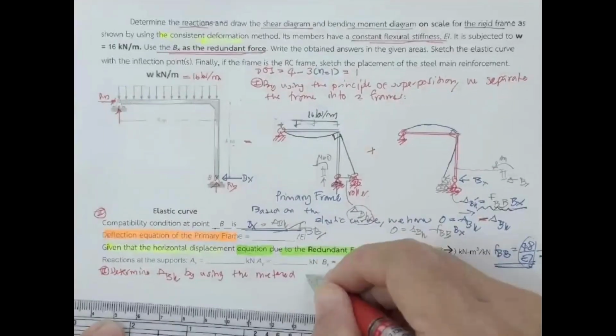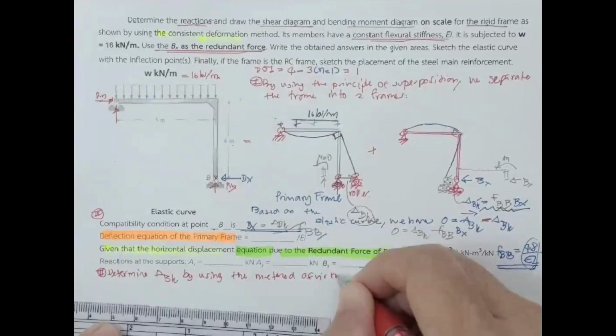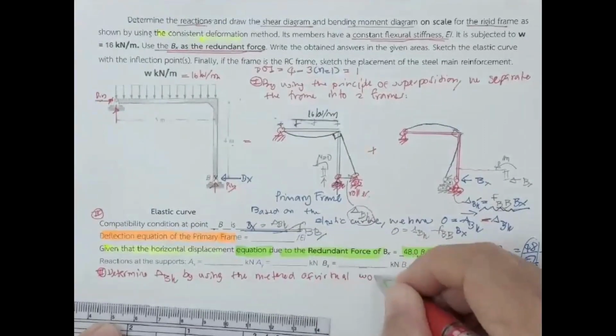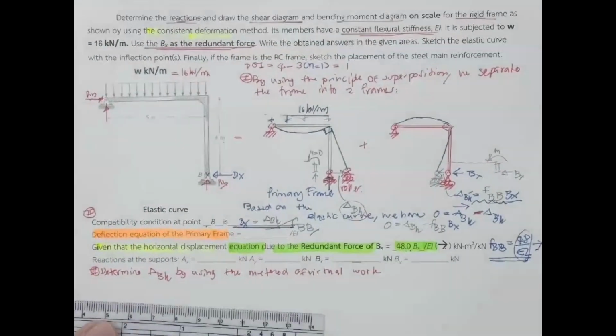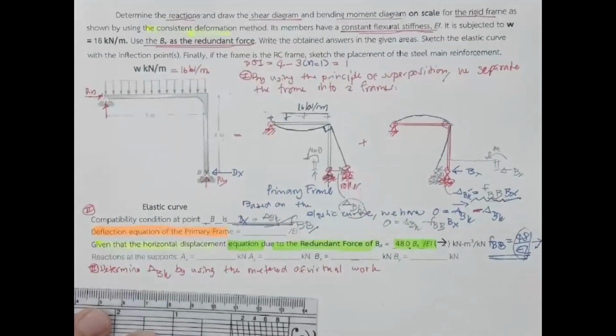And if you use the method of virtual work, please write the virtual work equation, because it is important to say about the 1.0 unit load. Where is the 1.0 virtual unit load?